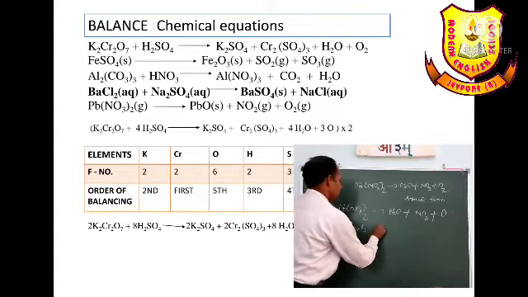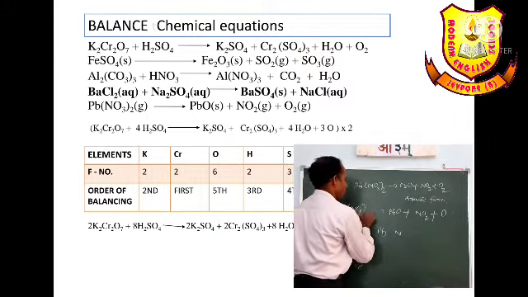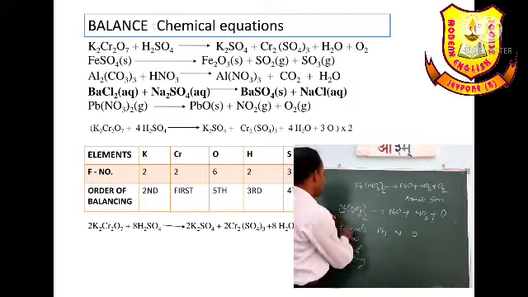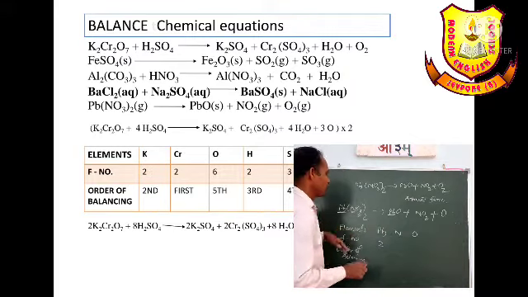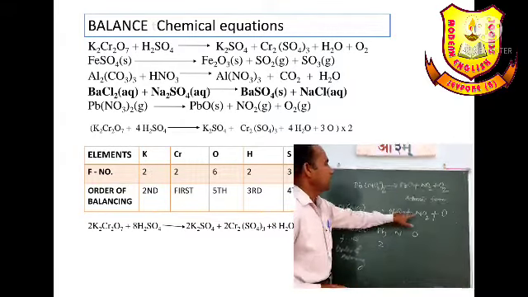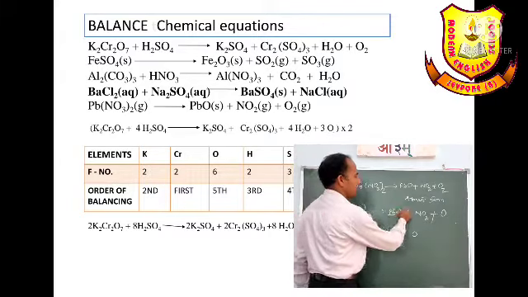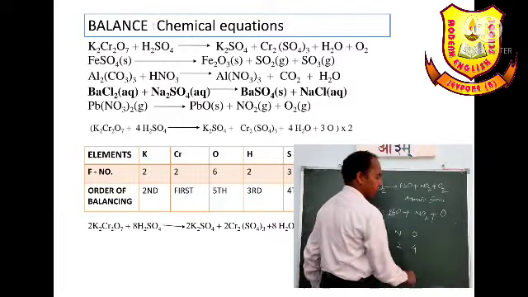The elements are Pb, N, and O. Pb, how many places is it in? Once, twice, so Pb has f number 2. Then N, here 1, here 1, so 2. Then oxygen: here 1, here 1, here 1, here 1, so 4 places. 4.